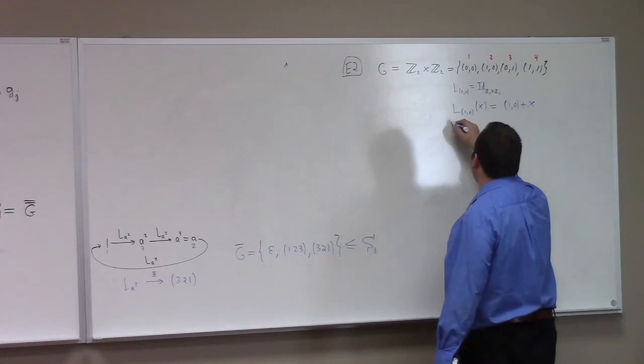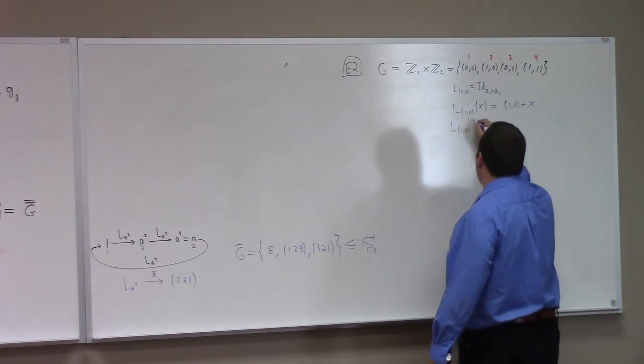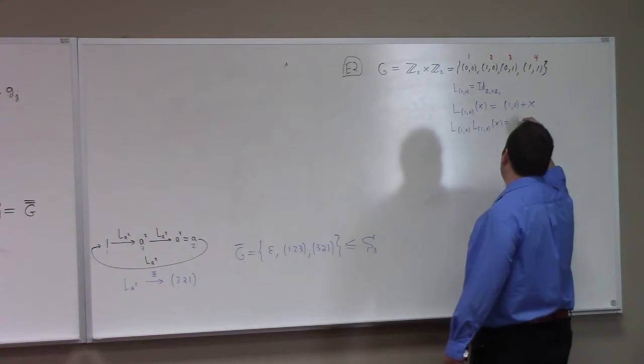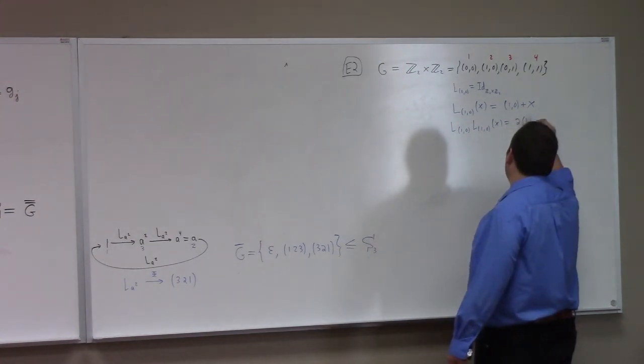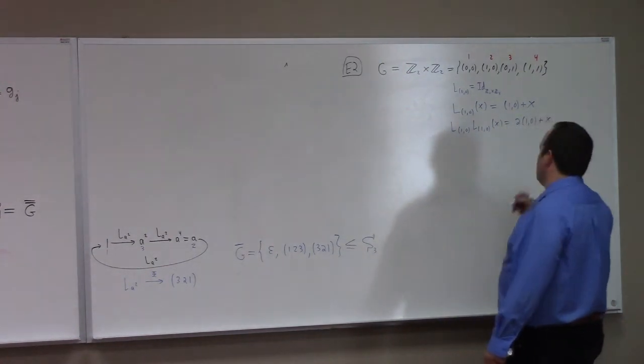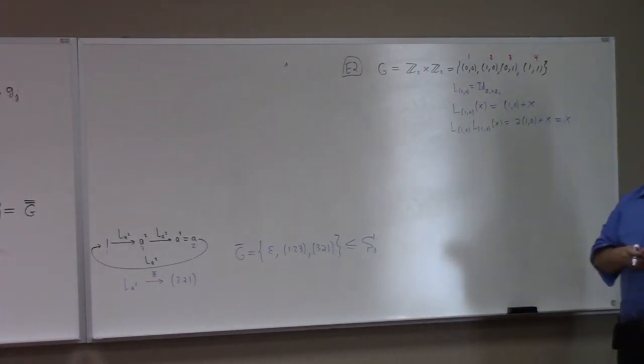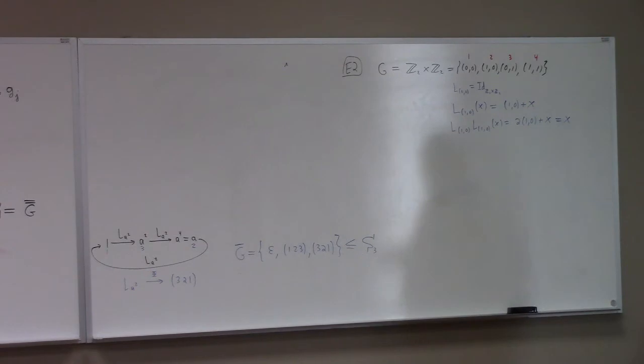What happens when you do L of 1,0 twice? We get twice (1,0) plus x, in other words, we get x again. So in fact, left multiplication by 1,0, 0,1, and 1,1, they're all like this.